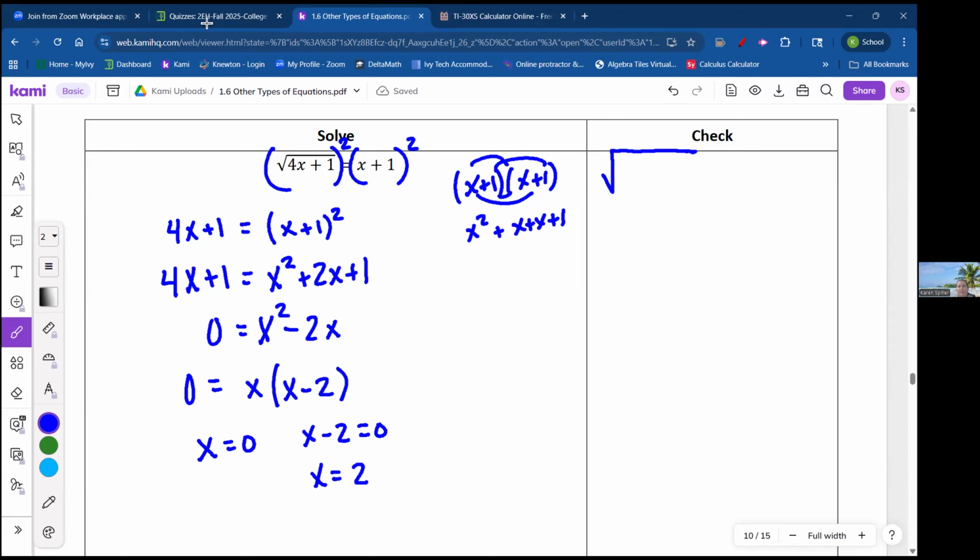All right. So plug in the 0 just because 0 is easier. Then the square root of 4 times 0 plus 1 equals 0 plus 1. 4 times 0 is 0. So you have the square root of 1. 0 plus 1 is 1. 1 equals 1. Yay! So 0 is an answer. Now you plug in the 2.